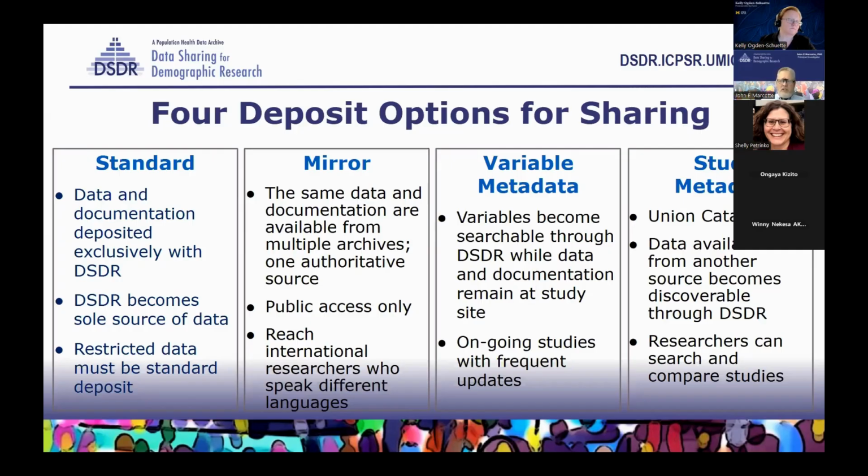This helps us reach international researchers who speak different languages, because as much as I love ICPSR, ICPSR is in the United States. It is an English language archive. There are other archives that are in different languages that are closer to people. The data don't have to be different, but how they access it can be closer. So this is really important in terms of being able to reach international researchers.